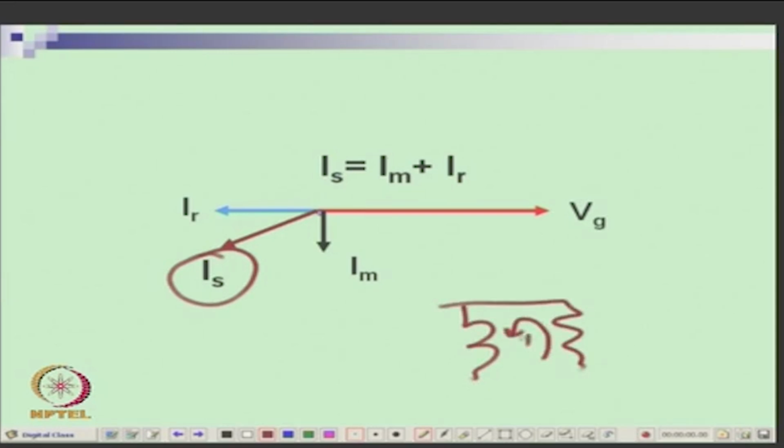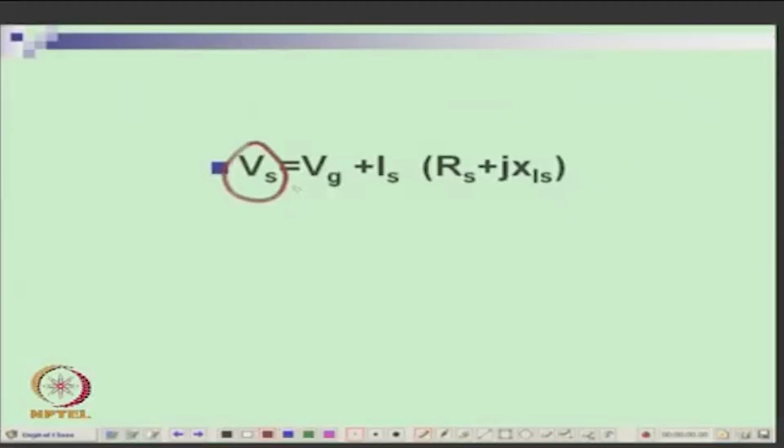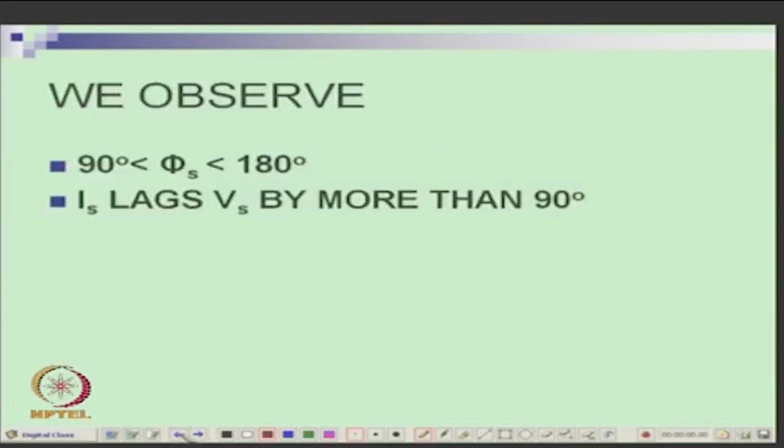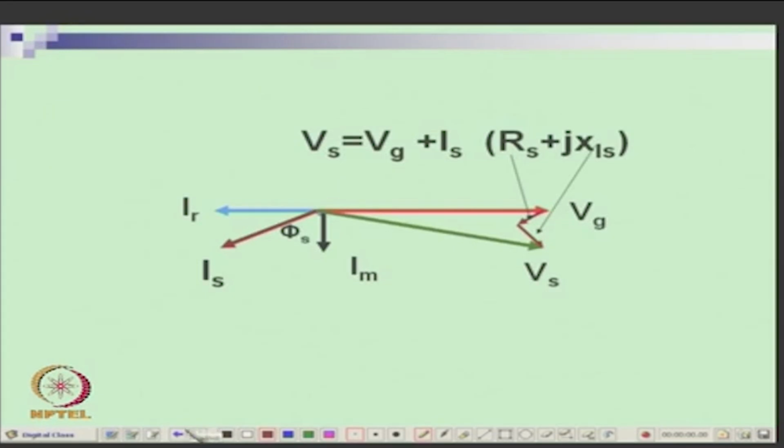So, this is IR and Im, because our convention is motoring. So, this will be Is. So, Is will be Im plus IR because of the motor convention. Then Vs is Vg plus Is into Rs plus jXls.